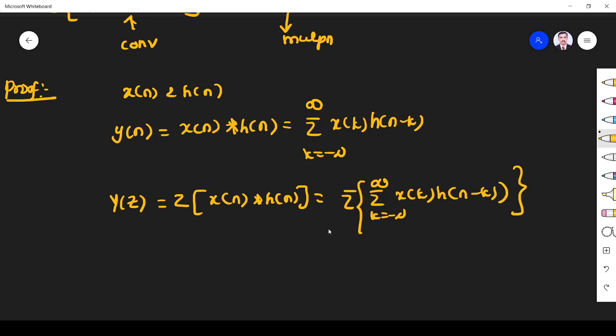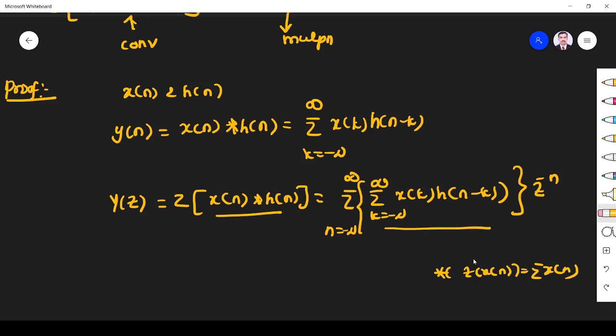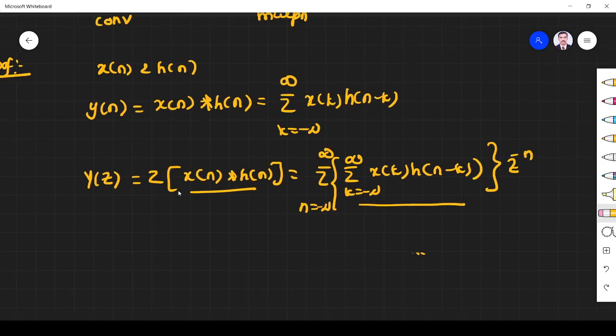So Y of z equals the summation of x of n star h of n times z power minus n. Now I simplify this.